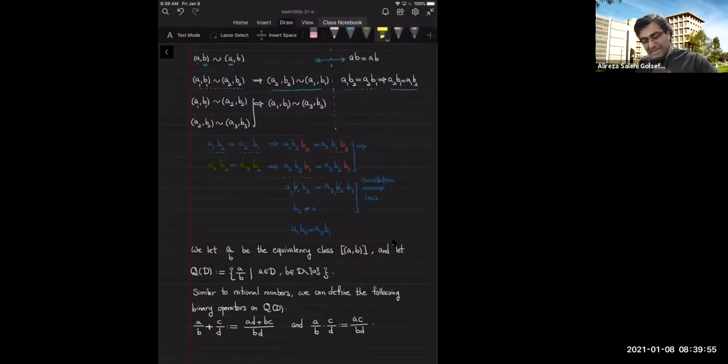I want to get to A1 times B3 equal to B1 times A3. This is my goal. I want to reach this kind of equality. So this means I need to have an equality, and on one side I need to have A1 and B3.